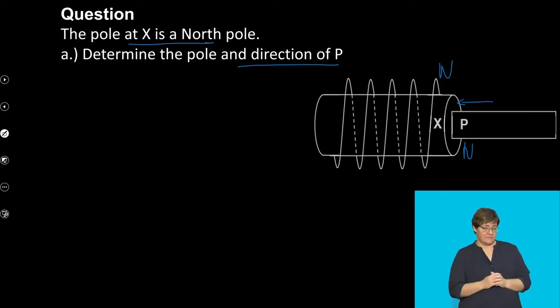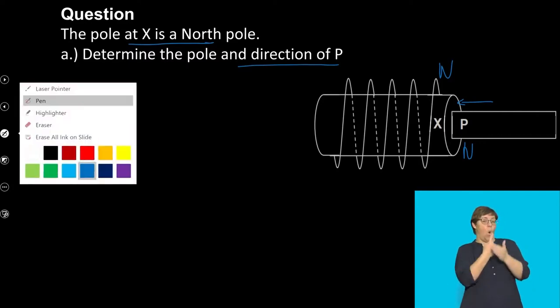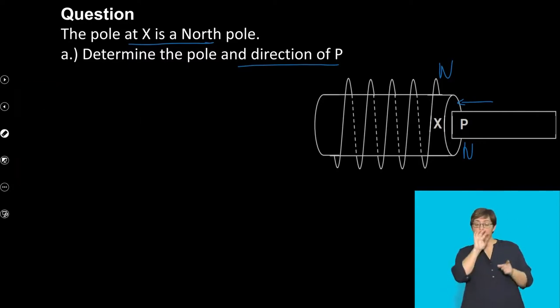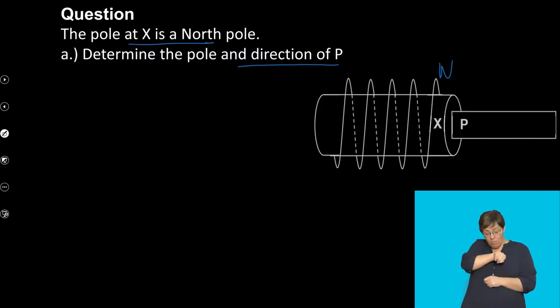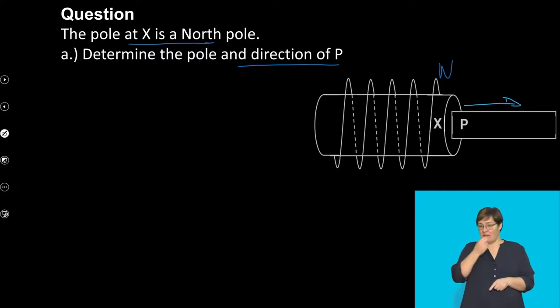We would also recognize that that might not be the only thing that could happen. We'd recognize that if P was moving in the opposite direction, in other words, P was moving away, then what would make that a north pole? Well, if it was a north pole, then they'd be repelling. No, that wouldn't be the case.